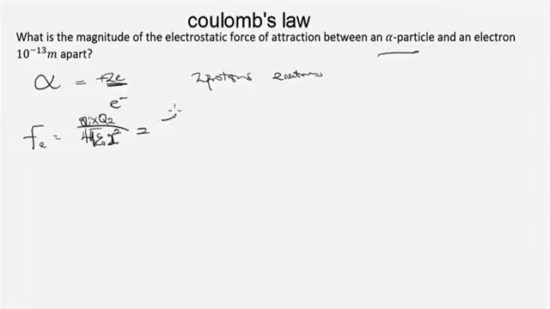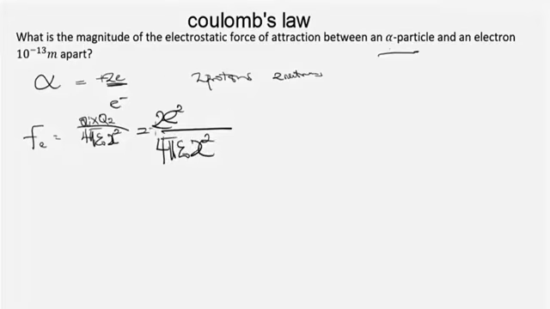If we do this, we can also see this to be, at this point, 2e squared over 4 pi epsilon naught x squared.